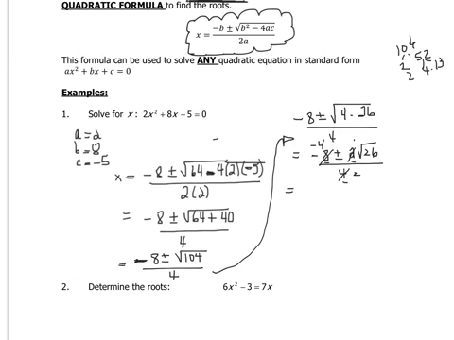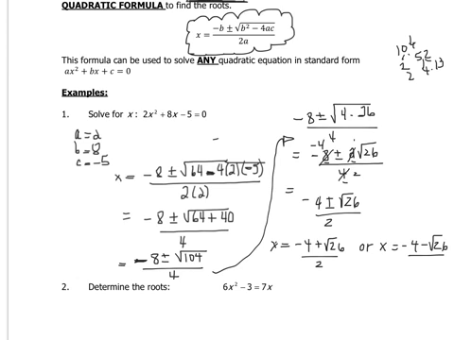So you would have negative 4 plus or minus root 26 over 2. So x would equal negative 4 plus root 26 over 2, or x would equal negative 4 minus root 26 over 2. Now, that's the exact answer.